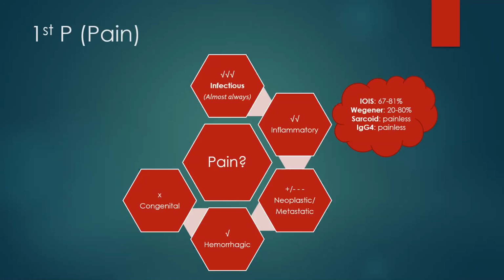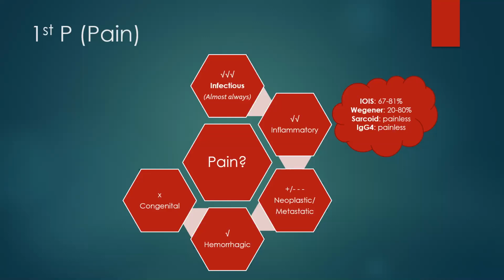In sarcoidosis, it's mainly painless, and IgG4 disease is mainly painless. In neoplastic, it's mainly painless. There are some exceptions to this. In some malignant tumors, like, for example, the adenoid cystic tumor of the lacrimal gland, which is a very uncommon condition.